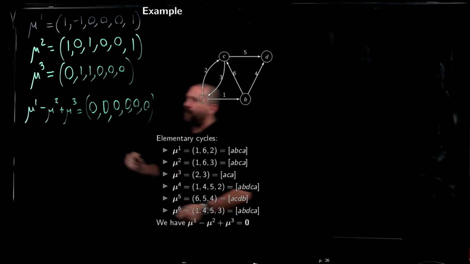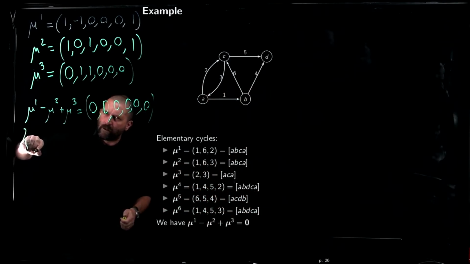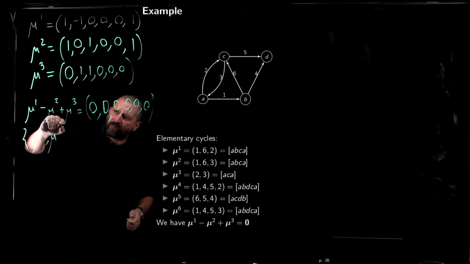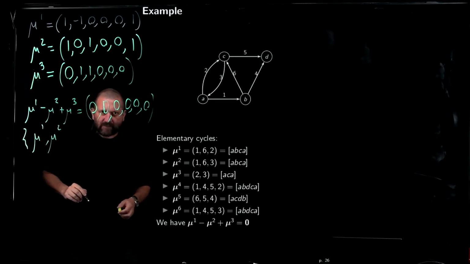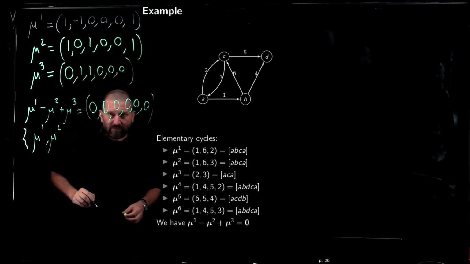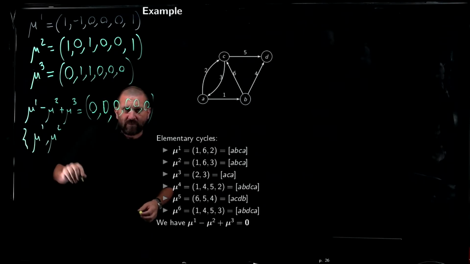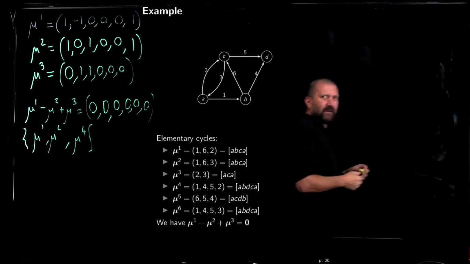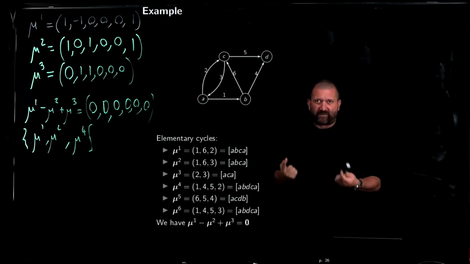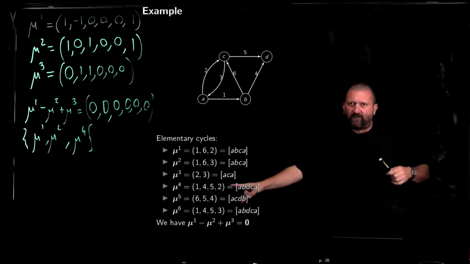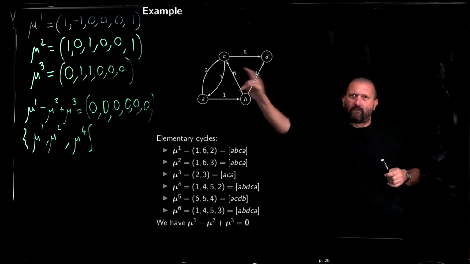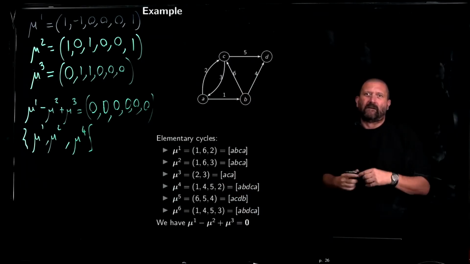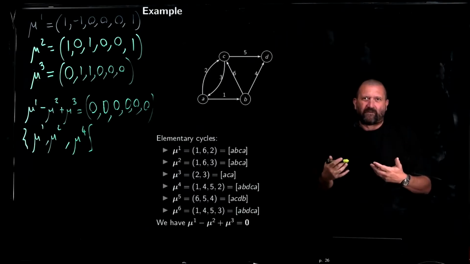Well, if I took mu1, mu2, then I am covering 1, 6, 2, and 3, and probably if I added mu4 to this, I would be able to describe every single cycle, because mu4 goes through 5 and 4, which we hadn't covered in the previous descriptions.